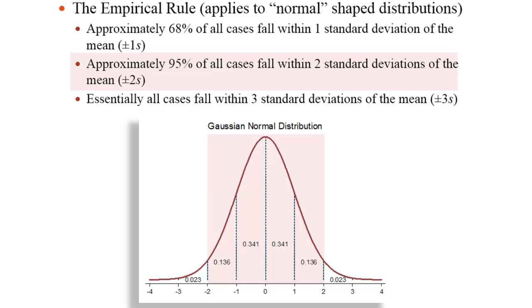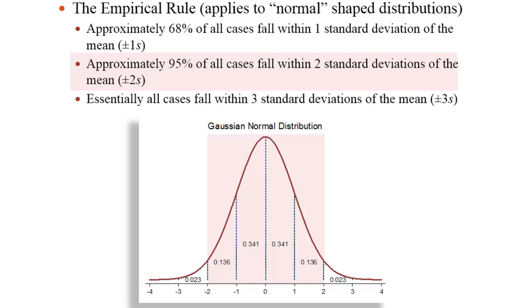That is to say, if I go from 0 to 1 to 2, those are my standard deviation units, I'm covering 0.341 and then additional 0.136 of the distribution. And of course, I'm doing the same thing on the negative side or below 0 and adding up 0.136, 0.341, 0.341, and 0.136.